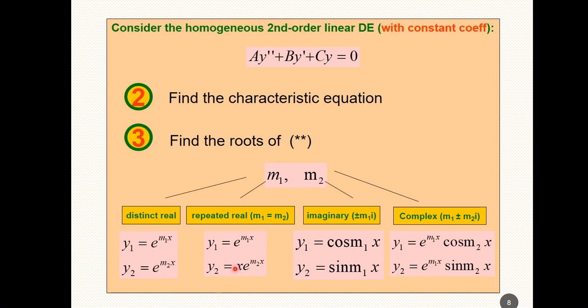independent variable. If the roots M1 and M2 come in an imaginary pair plus minus M sub 1 i, this is the case in which you're dealing with the negative square root, then the form of the terms of your general solution will also come in terms of a pair of 2 functions, cosine and sine.